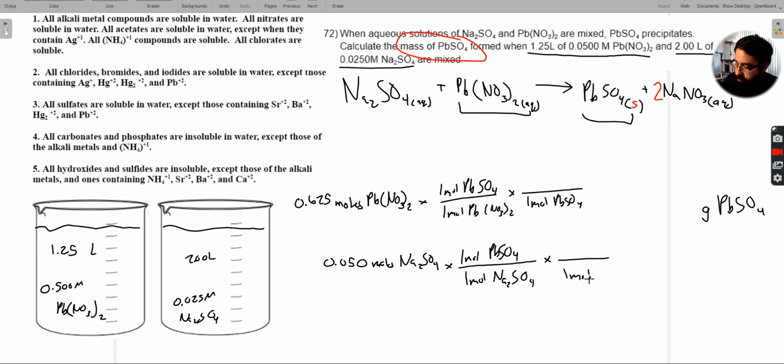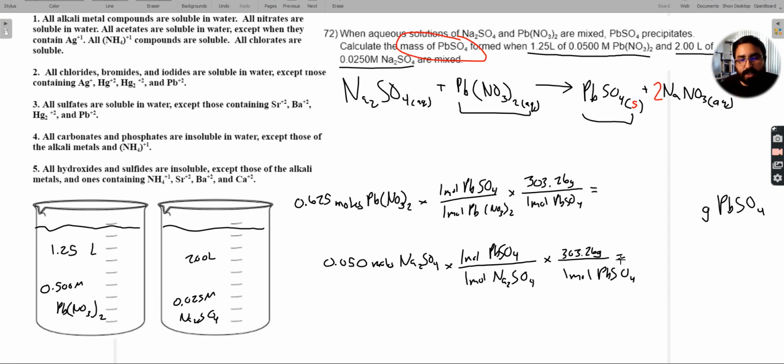All right. If it confuses you that I'm doing both of these sections at the same time, please let me know so I can ignore your request. So 303.26 grams. So that's the molar mass of PbSO4.